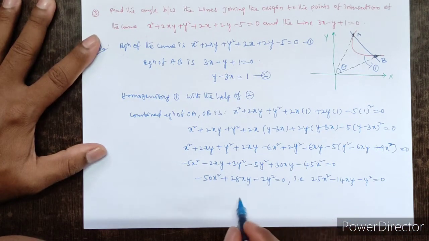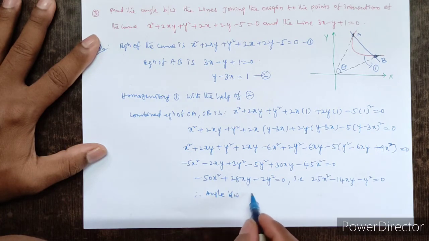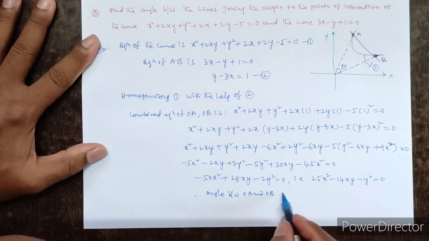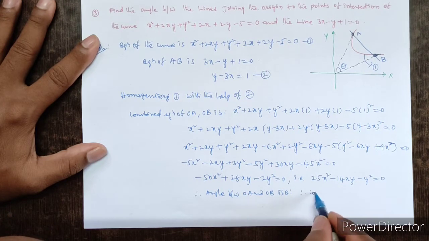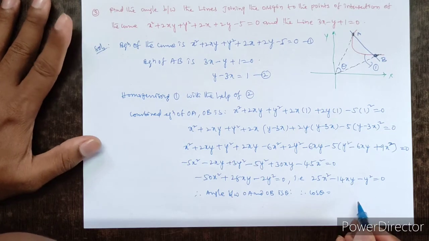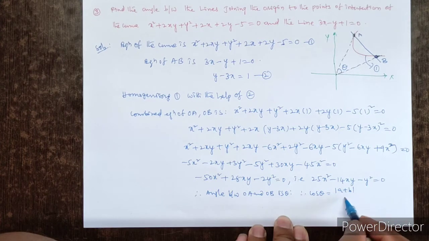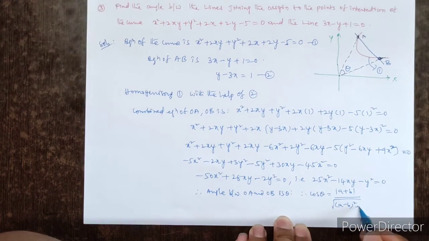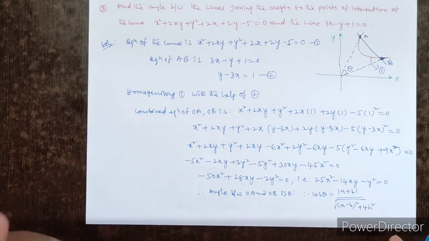Therefore the angle between OA and OB is theta, then cos theta equal to modulus of a plus b by root of (a minus b) whole square plus 4h square.